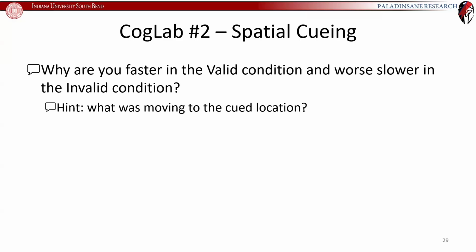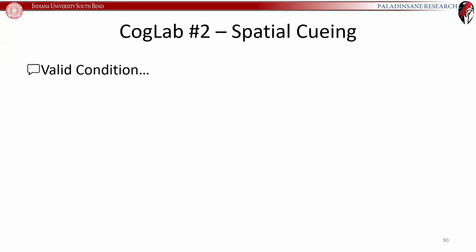Your attention. Exactly. So this is an excellent example of how your attention usually follows where you're looking, but it can also be placed in the periphery of where you're looking and also be spread out amongst a wider visual area. So in this case, your attention was what was being moved to that cued location. And we have that in the valid condition.